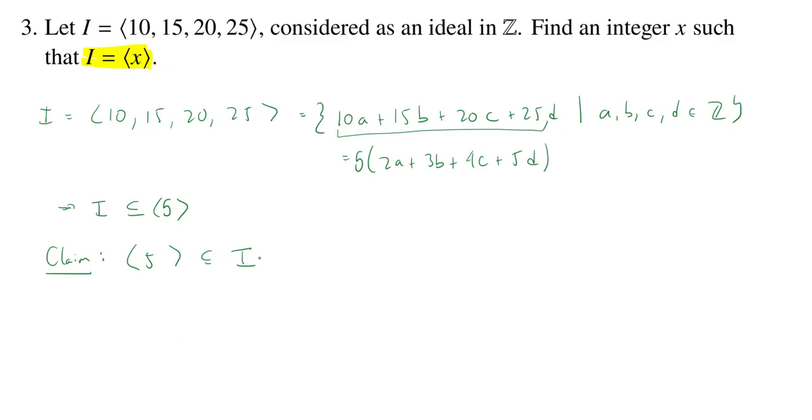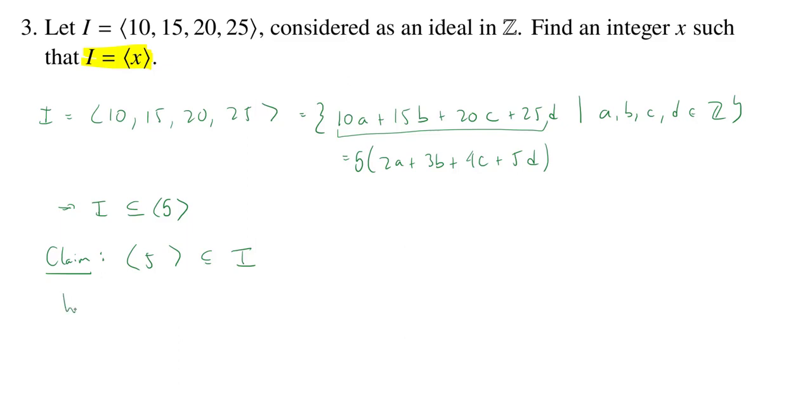And that we're going to know for sure by Bézout's lemma. We know we're going to be able to write 5 as a combination of, say, 10 and 15, because 5 is the greatest common divisor of 10 and 15. Of course, one doesn't really have to use Bézout's lemma here. It's not that hard to get 5 in there.